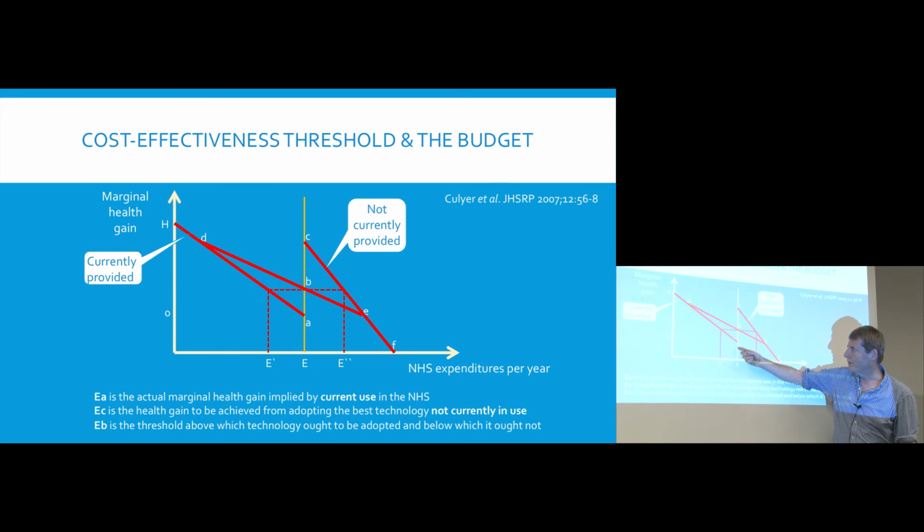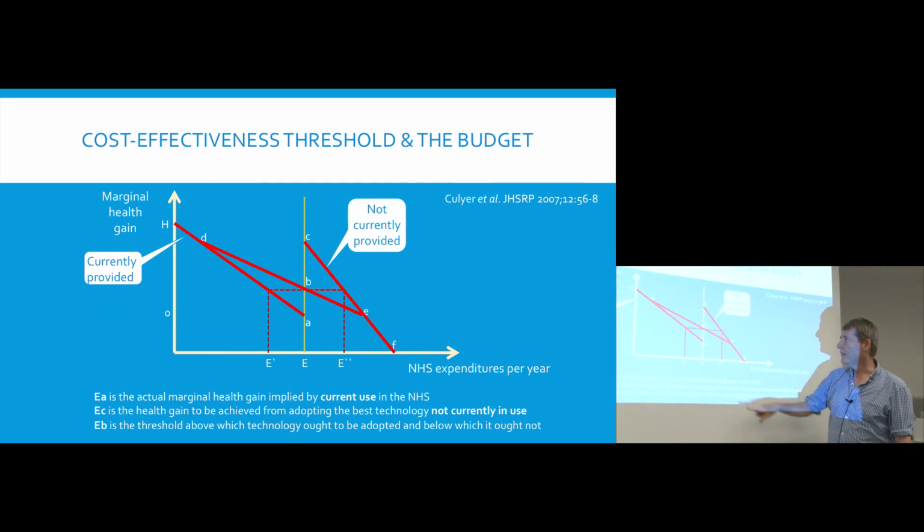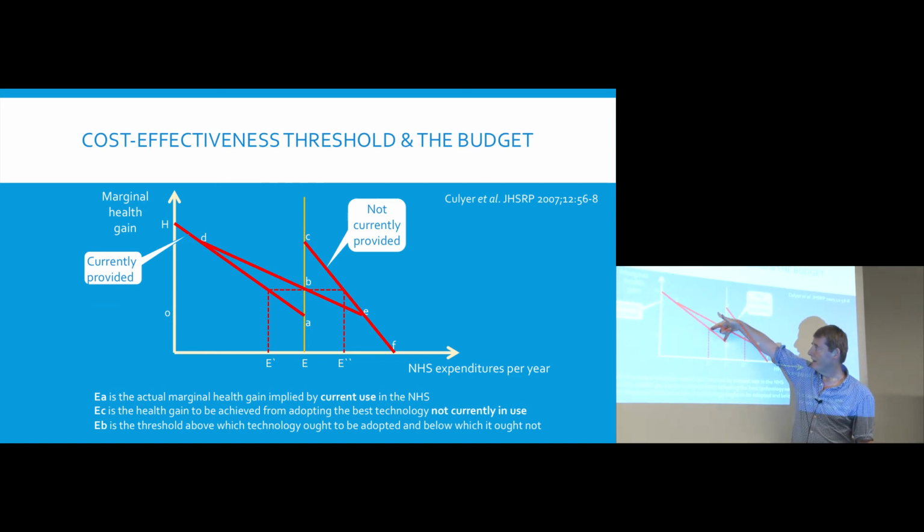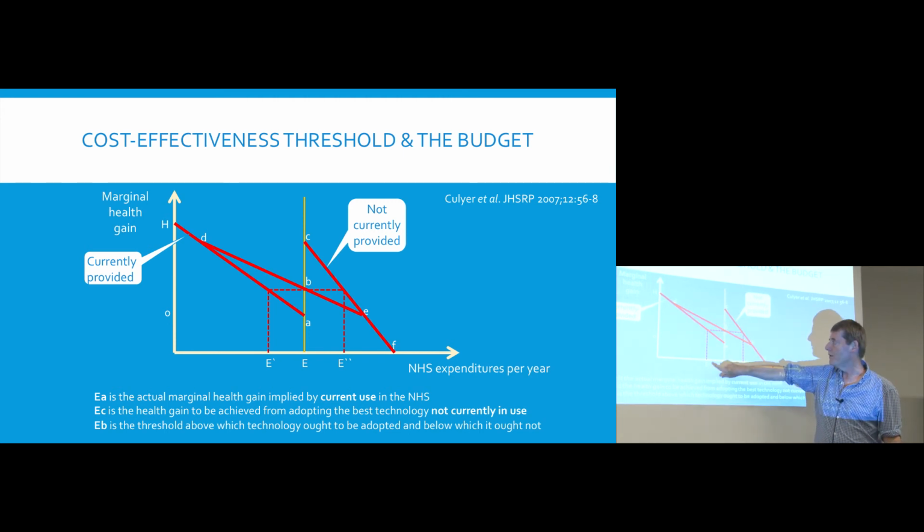It's got the marginal health gain of EA. And so looked at this way, we should really stop doing these activities or stop giving these drugs, treatments, and using the money released, we should start doing these activities. These are the best things we're not doing just now that we could be doing. These are the worst things we're doing just now that perhaps we shouldn't be doing.